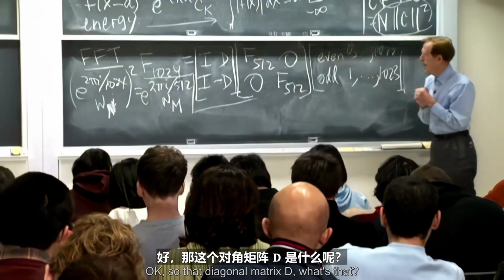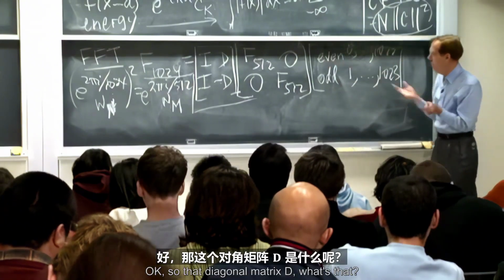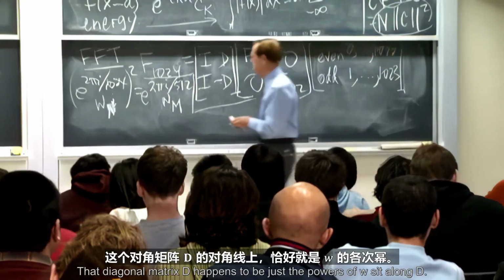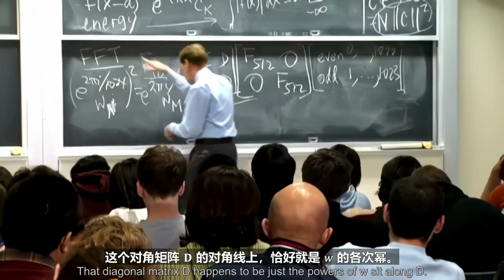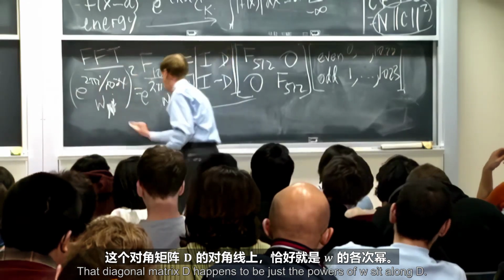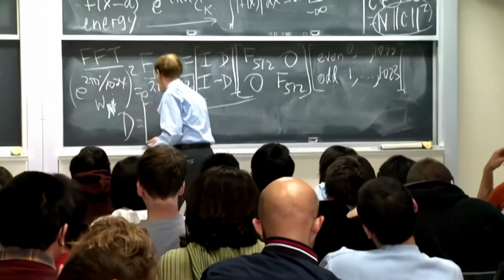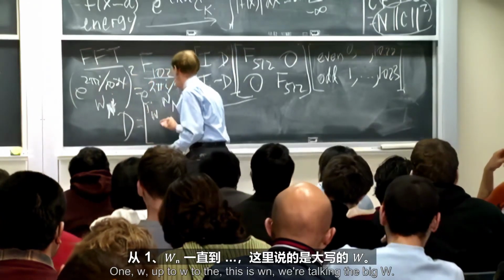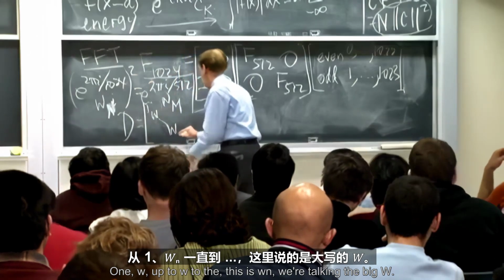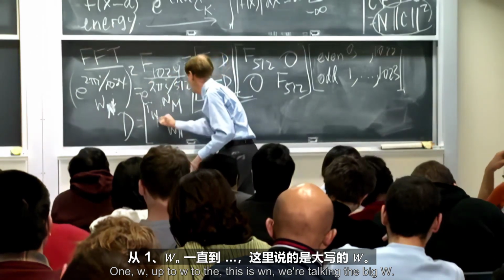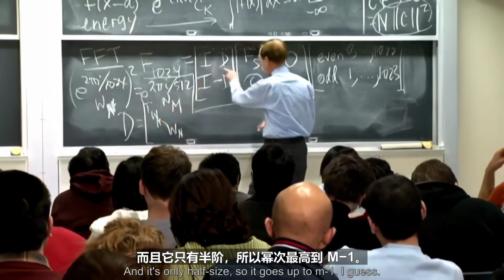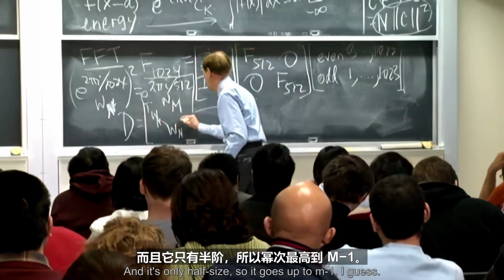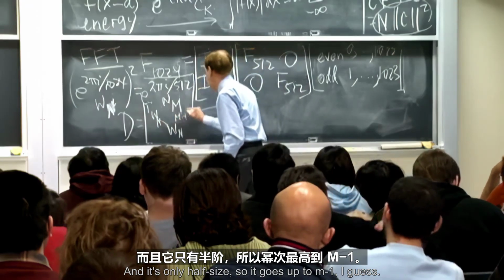Okay, so that diagonal matrix D, what's that? The powers of W sit along D: 1, W, up to W to the, this is Wn we're talking, the big W, and it's only half size, so it goes up to M minus 1, I guess.